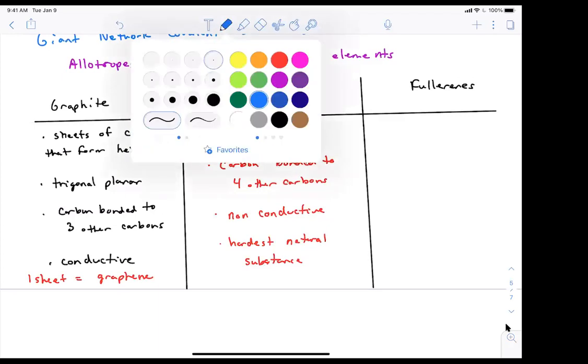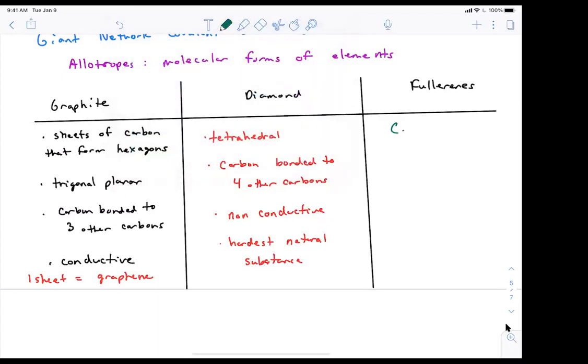Fullerenes or Buckminster fullerenes. These are your C60 structures, where you have 60 carbons in a spherical shape, with each carbon bonded to 3 other carbons.